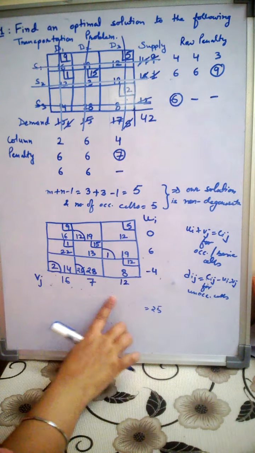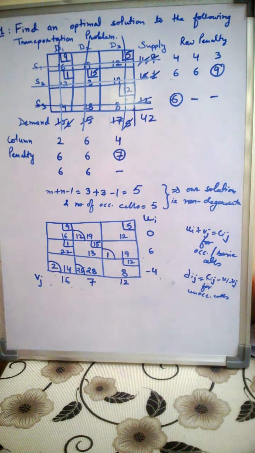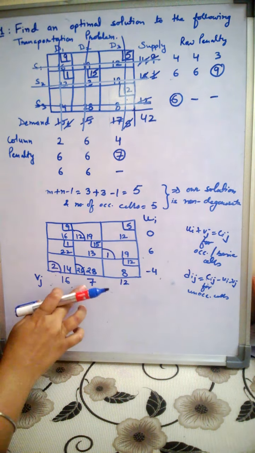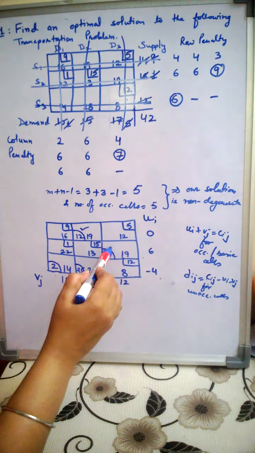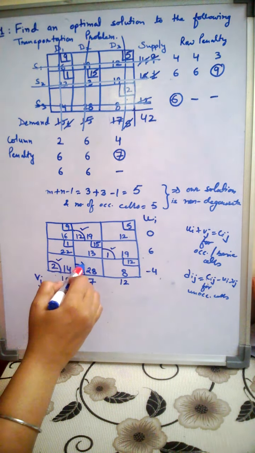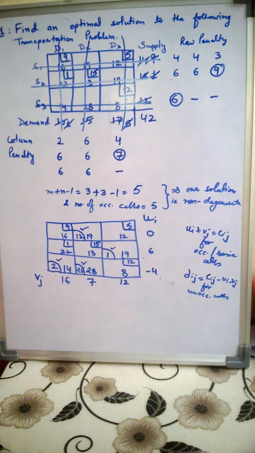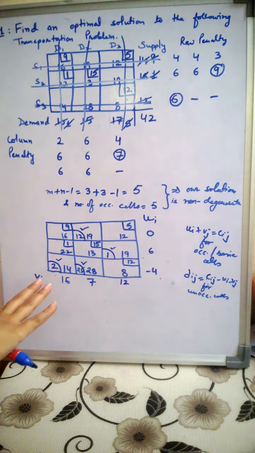So we have found out all the dij values. So we see that all dij's, this one, this and this, all dij's are positive. So that means our initial solution that we have obtained by using Vogel's is the best solution.